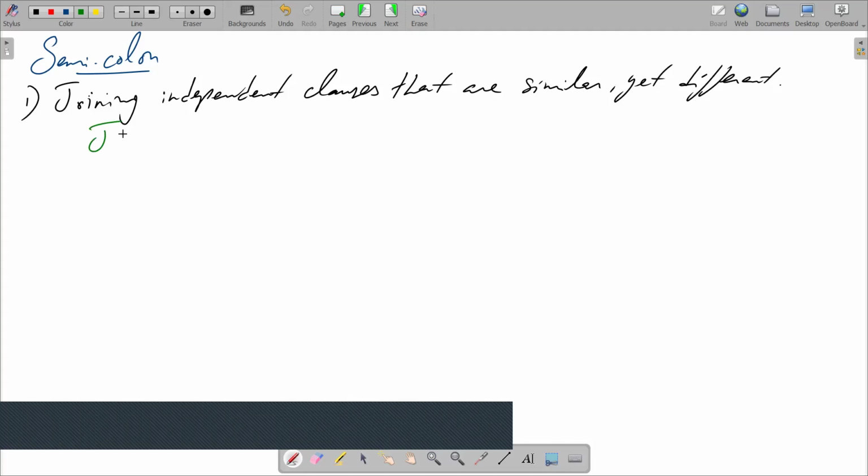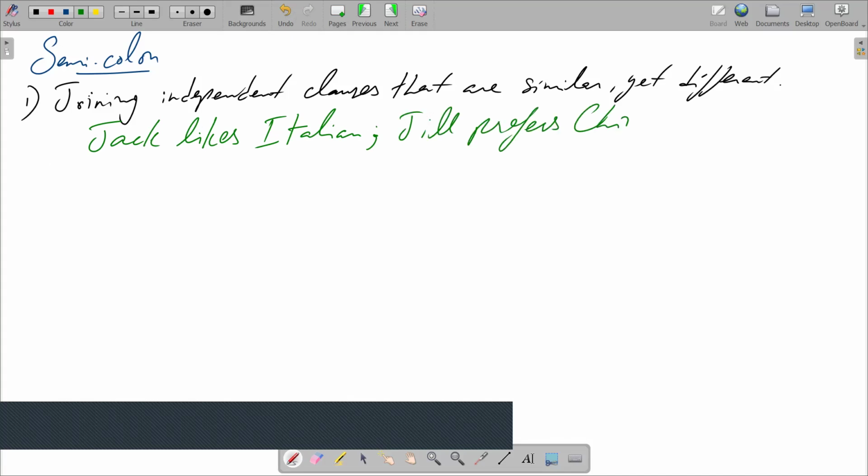And you can write: Jack likes Italian; Jill prefers Chinese, full stop at the end. Now, why did I use a semicolon over here? So how are they similar? Well, they're similar because as you can see, for both these people, we're talking about their preference in food. How are they different? Because their preference in food is different.